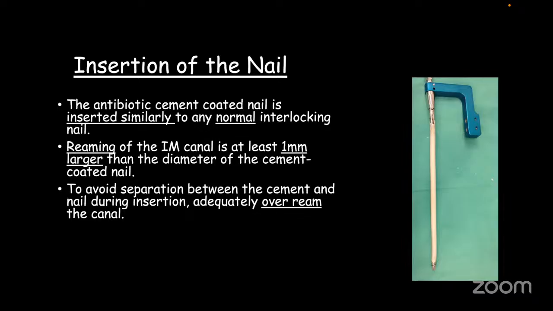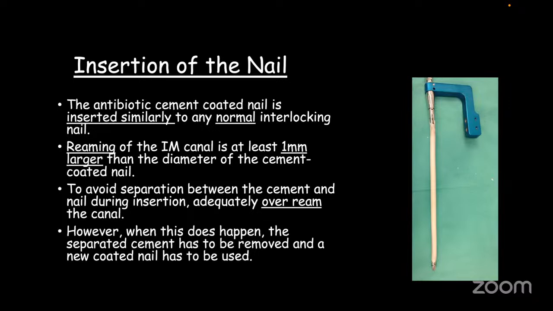Adequately over-ream the canal. Sometimes even 1 millimeter will not be enough. Usually 1.5 or 2 millimeter can be done depending on the size of the cavity. But when you are using an antibiotic rod, usually the canals are very, very wide.